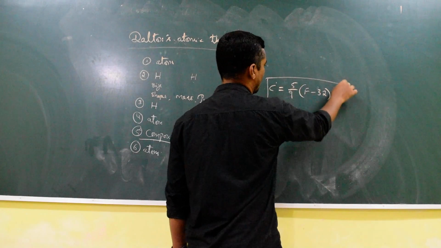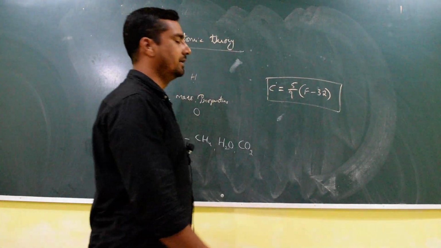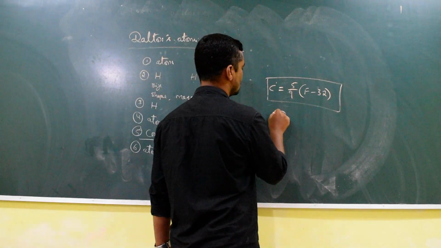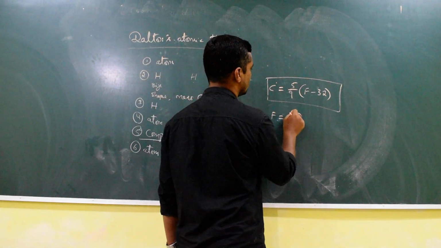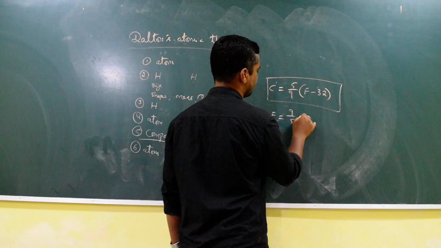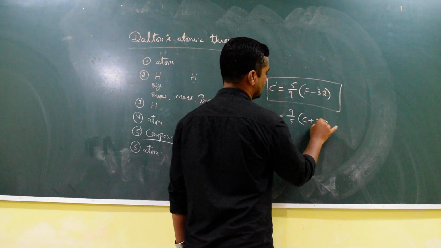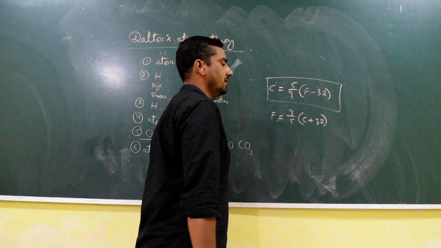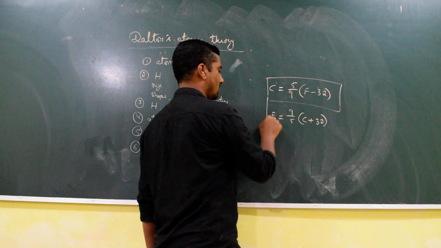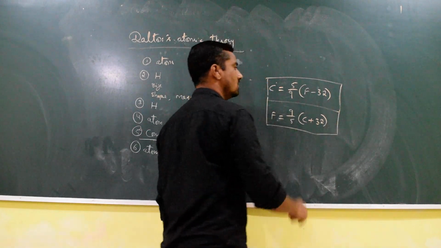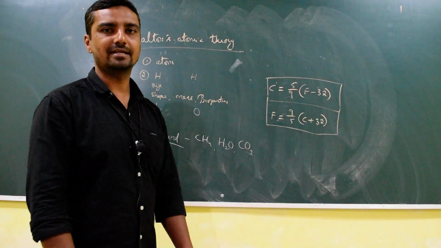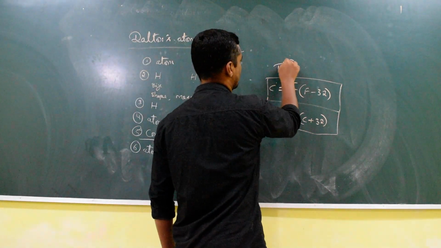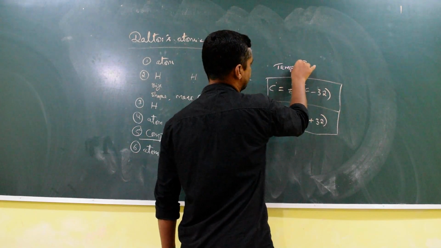So this is the formula where we can convert Fahrenheit into degree Celsius. And degree Celsius into Fahrenheit, F equals 9/5 C plus 32, right? So this is the formula where we can easily convert degree into Fahrenheit and Fahrenheit into degree, right? So this is about the temperature.